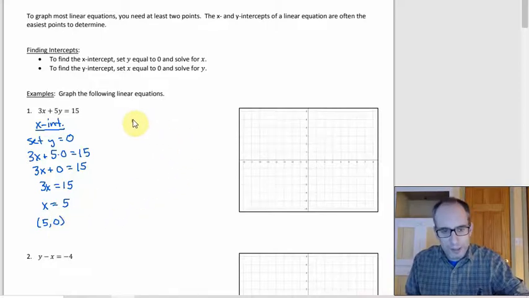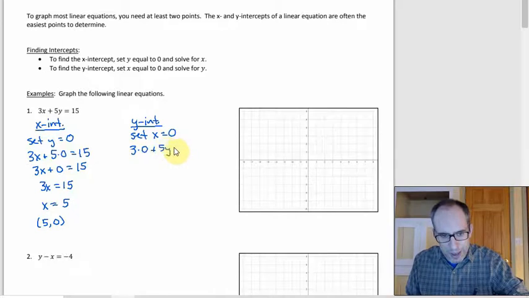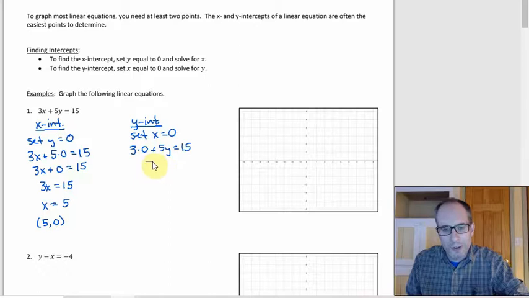And then the y-intercept, we can do the same way. We're going to set x equal to 0, and that means we're going to have 3 times 0 plus 5y equals 15. But 3 times 0 is just 0, so we can jump right ahead to saying 5y equals 15.